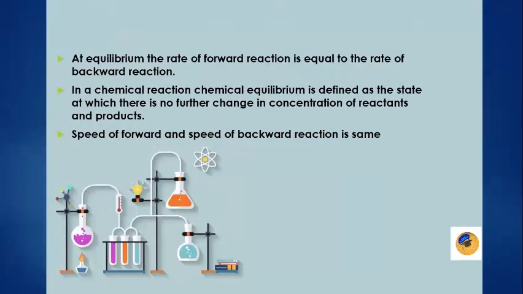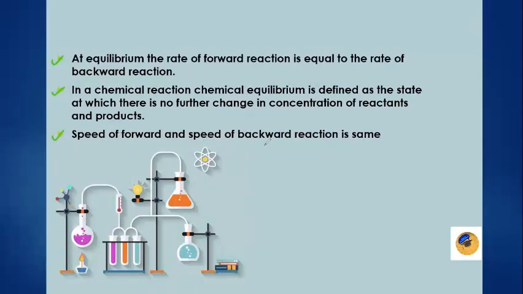At equilibrium, the rate of the forward reaction will be equal to the rate of the backward reaction. This is a very important point. In a chemical reaction, chemical equilibrium is defined as a state at which there is no further change in the concentration of reactants and products.